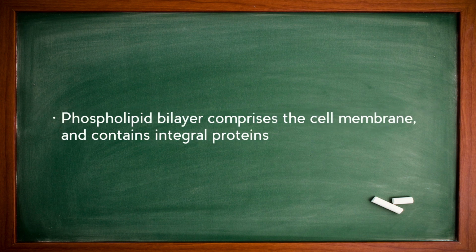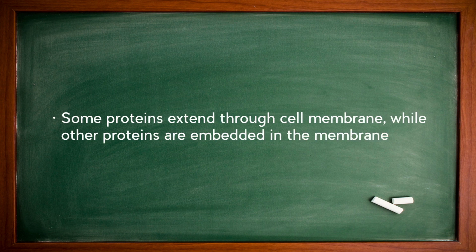First, a phospholipid bilayer comprises the cell membrane, and it contains integral or membrane-associated proteins. Secondly, some of these proteins extend right the way across the cell membrane, while others are only partially embedded in the membrane.